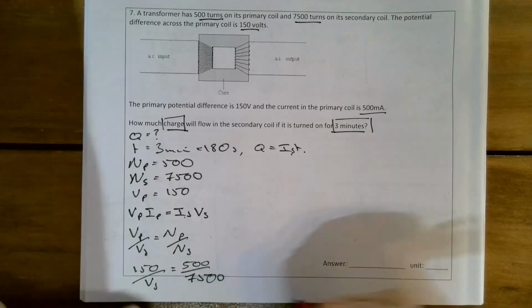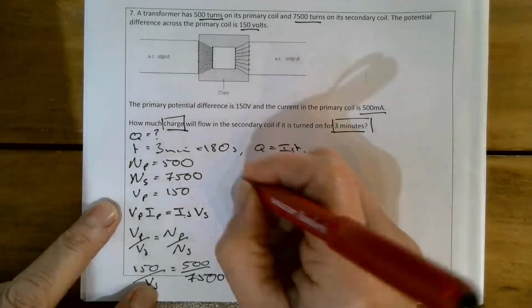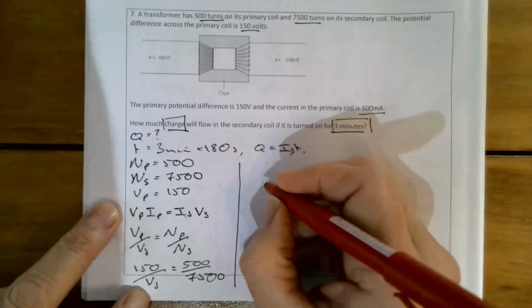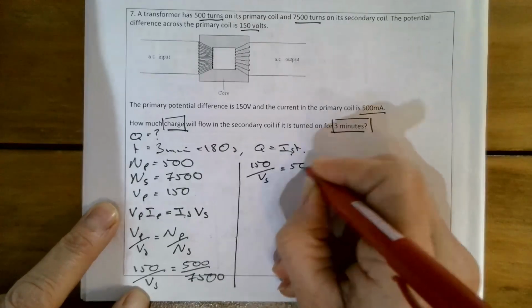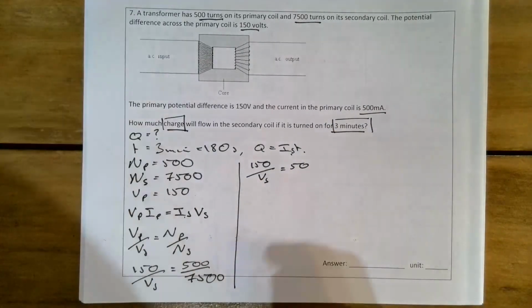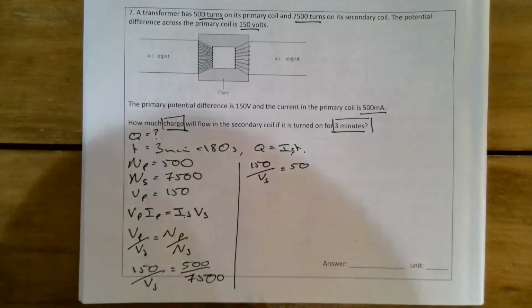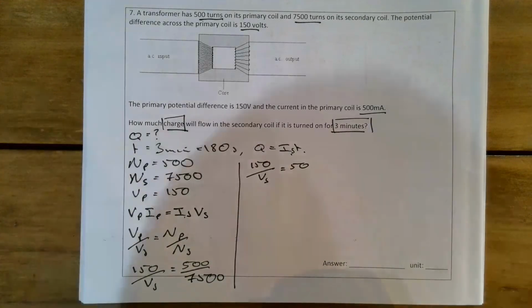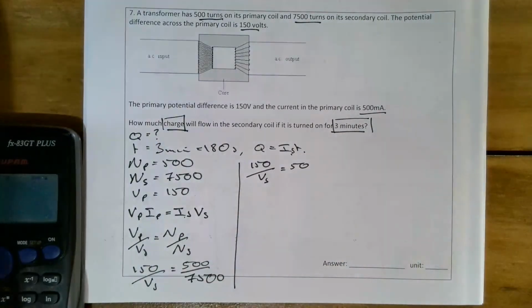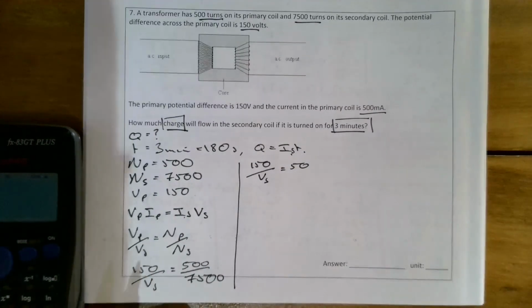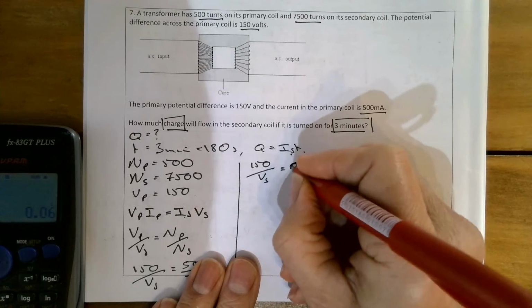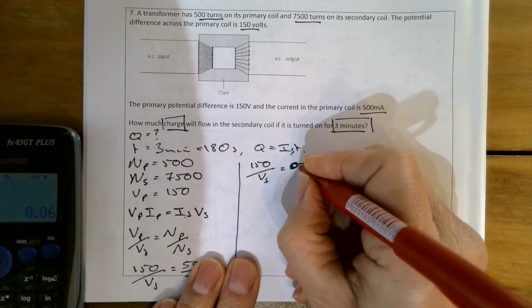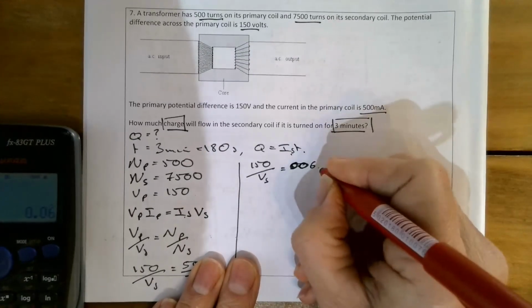So what we can say now is I've got 150 over VS is equal to 500 divided by 7,500, which is equal to 0.06.